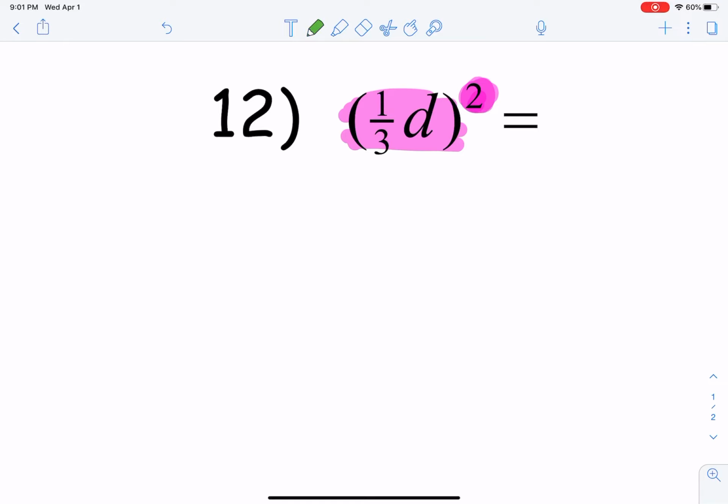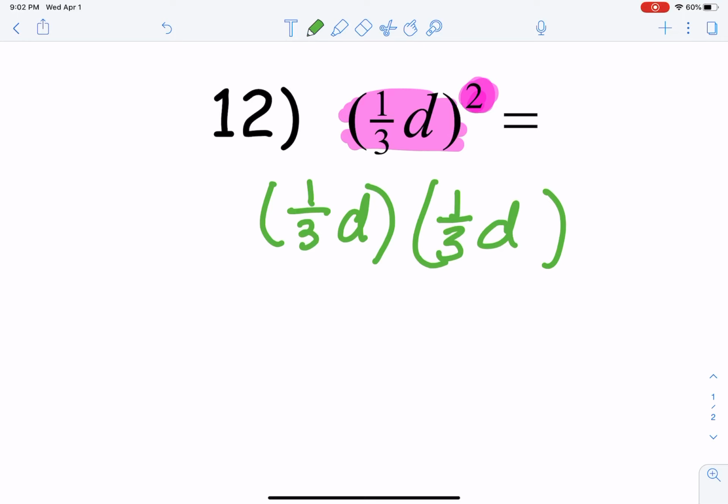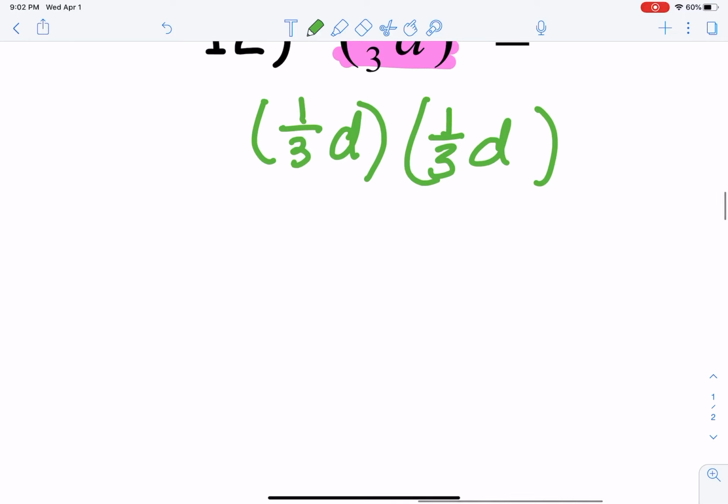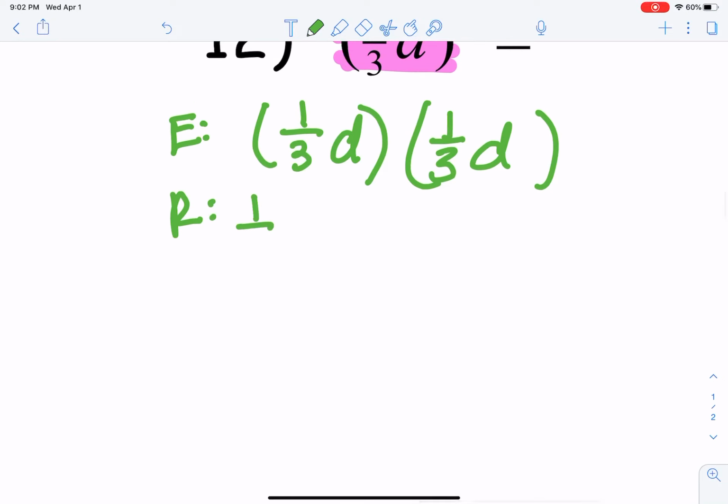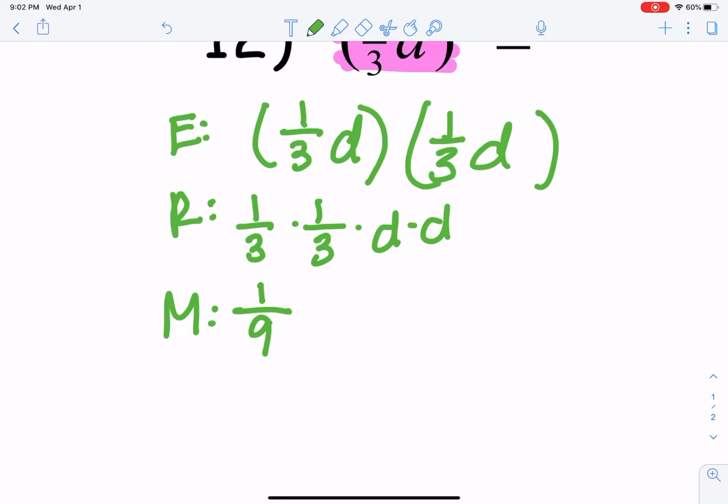So I'm going to have 2 parentheses and 1/3 D, 1/3 D. Okay, let's go ahead and rearrange. Bring our numbers to the front, and then our variables. So 1/3 times 1/3. 1 times 1 is 1. 3 times 3 is 9. So 1/9, and then I have 2 D's.